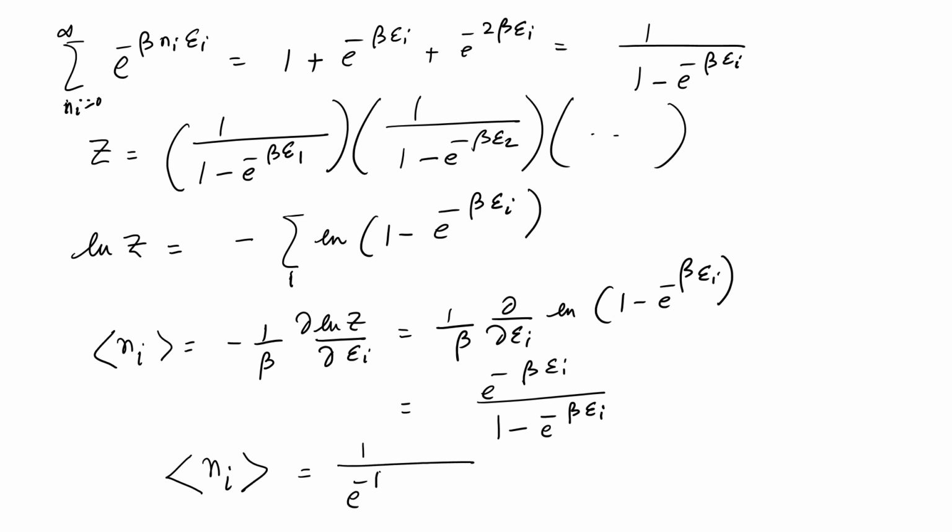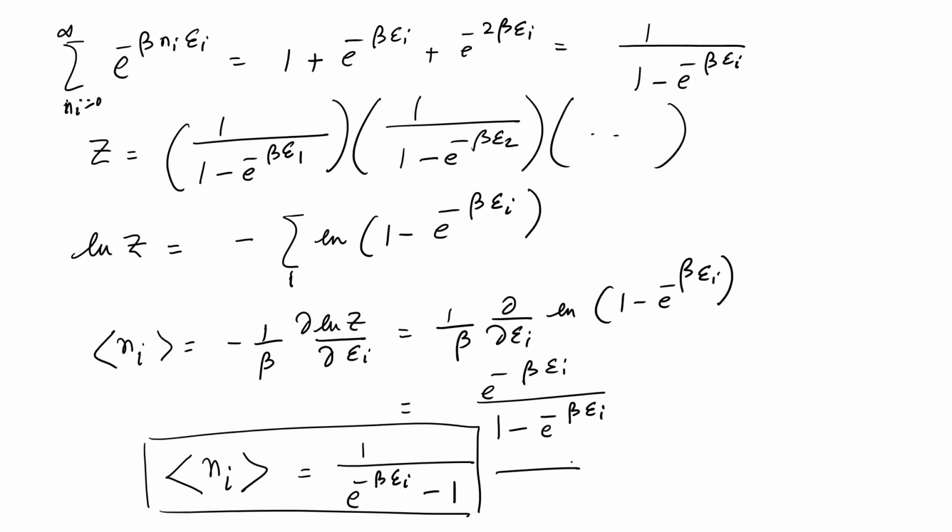So, you get 1 over exponential beta epsilon_i minus 1, and this is called the photon statistics. In fact, this statistics was written down by Planck without a proper derivation. Later on, Bose came and derived it, and we have done the photon statistics.